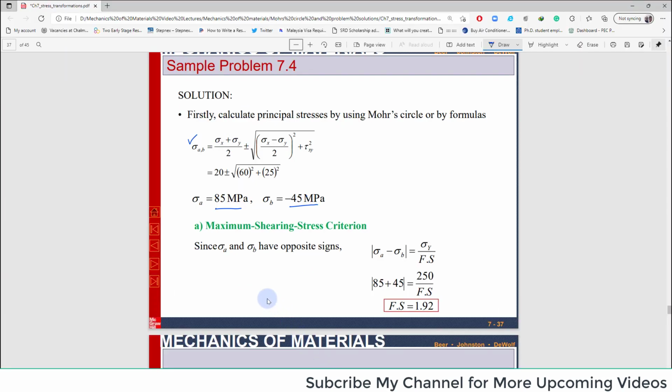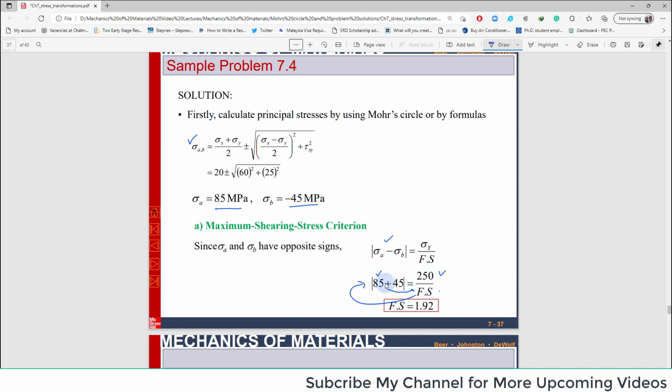So let's move on. Mod of sigma A minus sigma B is equal to sigma y over factor of safety. Sigma A is 85, minus sigma B is minus 45, which will be plus 45, is equal to sigma yield, 250, divided by factor of safety. So you want to find out the factor of safety, so it will be here and this value will be here.